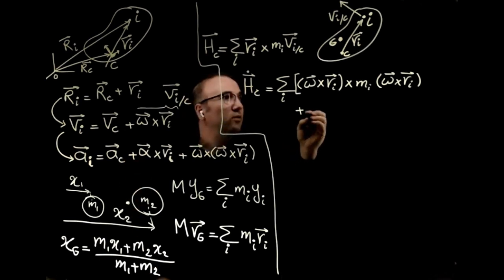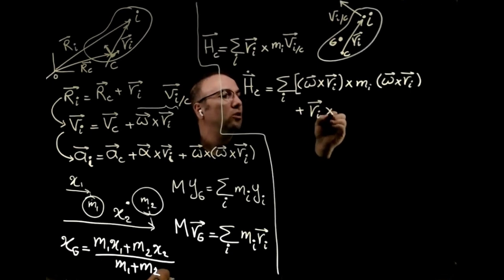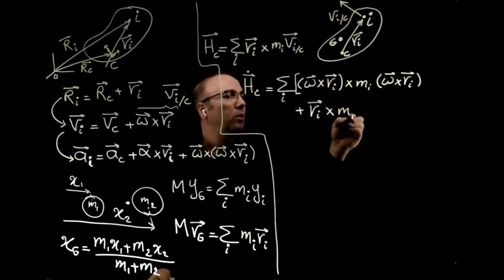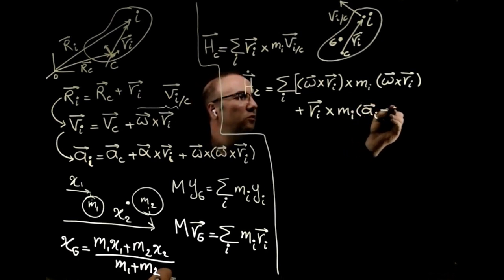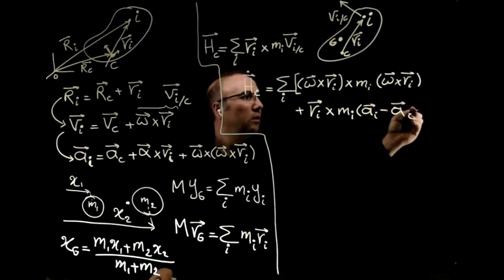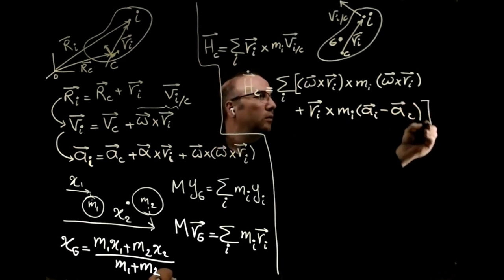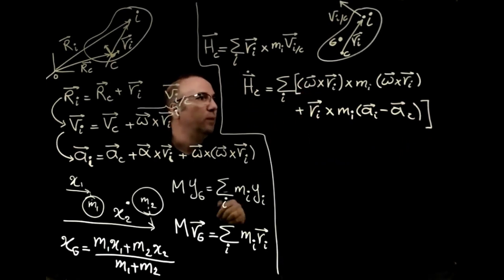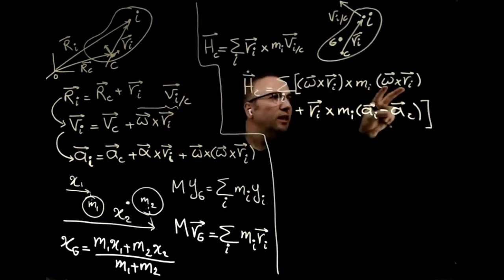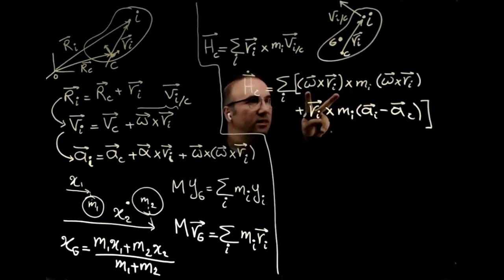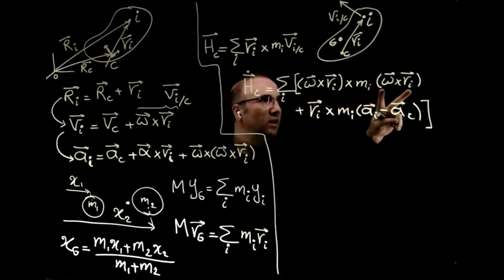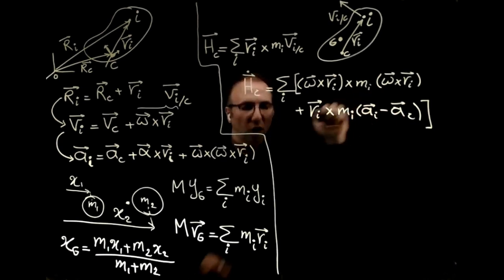So I write it as Ri cross Mi times (Ai minus AC). This whole thing is inside this summation. Now this is zero. Why? Because this is a scalar, some number. This is a vector cross a vector multiplied by a number.